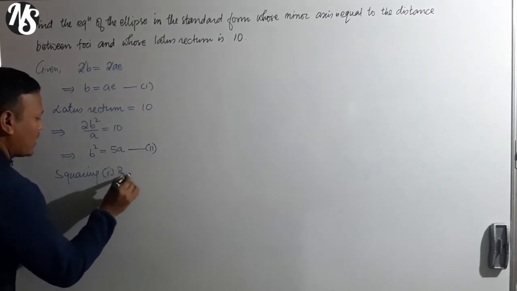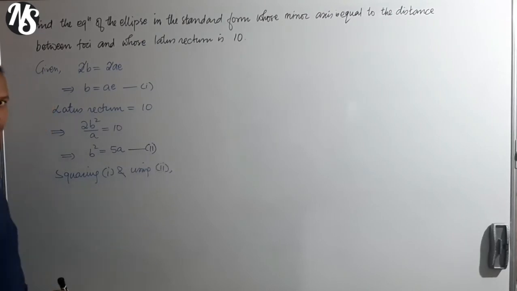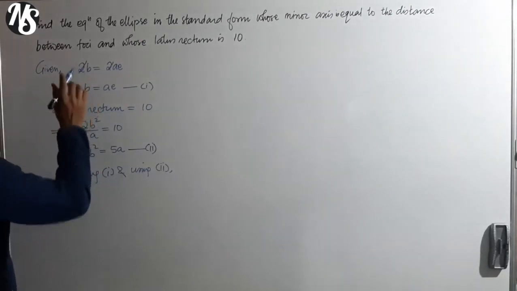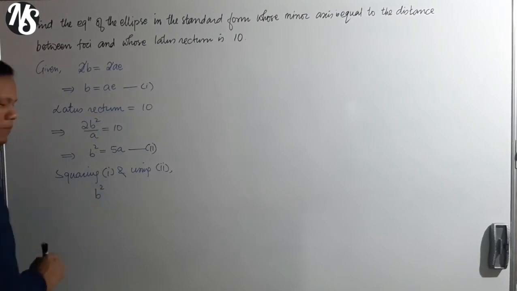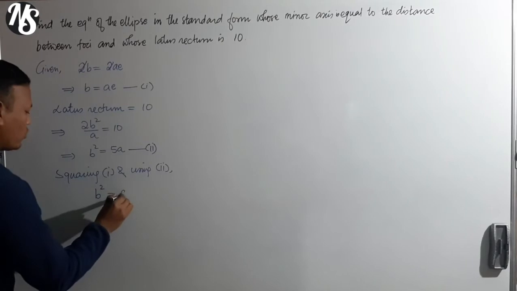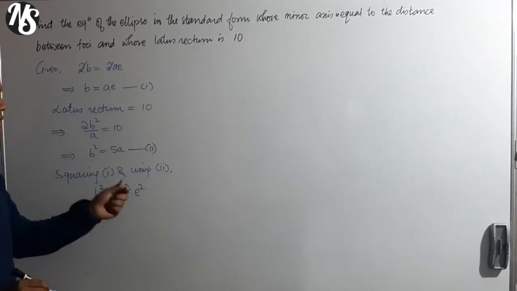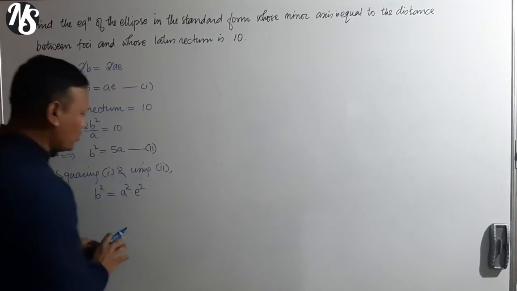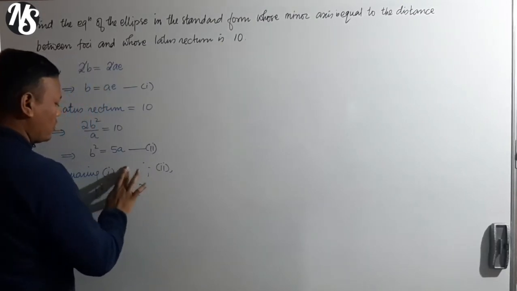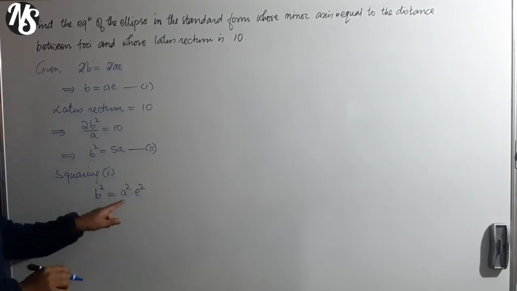So squaring this, we'll get b square, so b square is equal to a square into e square, right? Let's not use 2 for now, so just square 1.